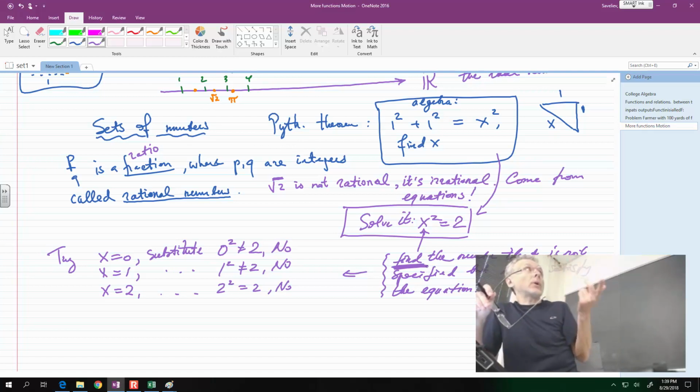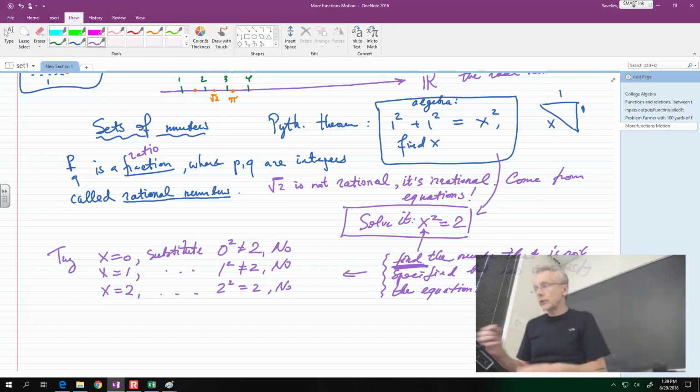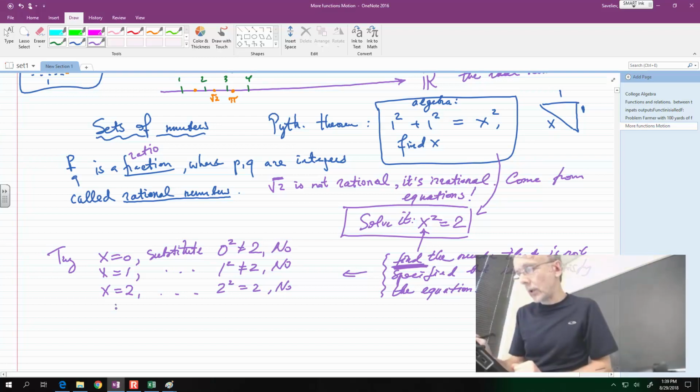If I need to know the length of the diagonal, turns out I need to solve this equation. So behind every equation there is some kind of a problem that we're trying to solve, and the methods are to help us solve those equations. They are not what it is about. The question is to understand what it means to solve an equation.